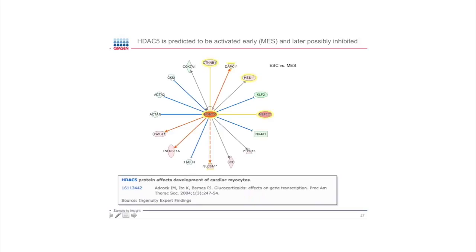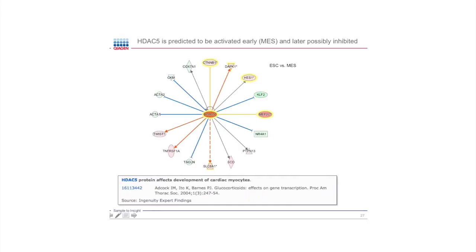To give you a little understanding of how the coloring works: since HDAC5 is predicted to be activated, by the literature it's supposed to turn down the expression of KLF2, and that's why it's blue with an inhibitory edge. That's consistent with HDAC5 being activated, in that KLF2 would be downregulated.